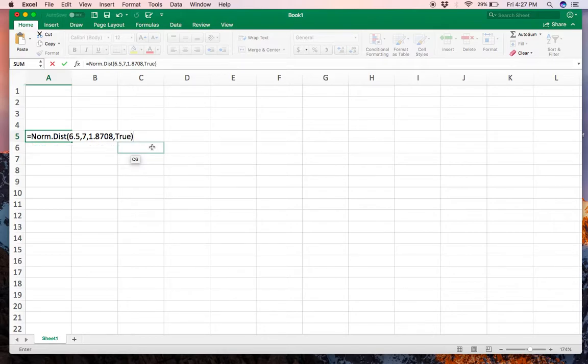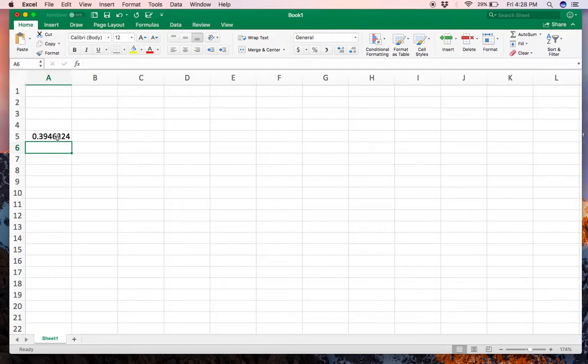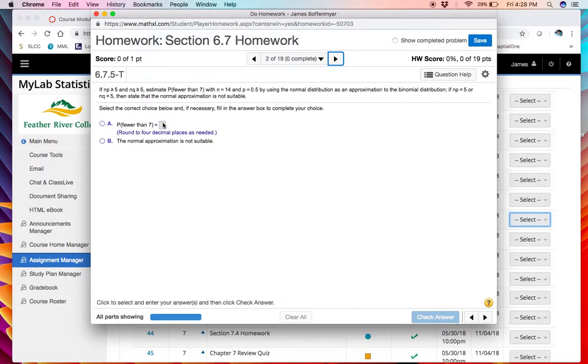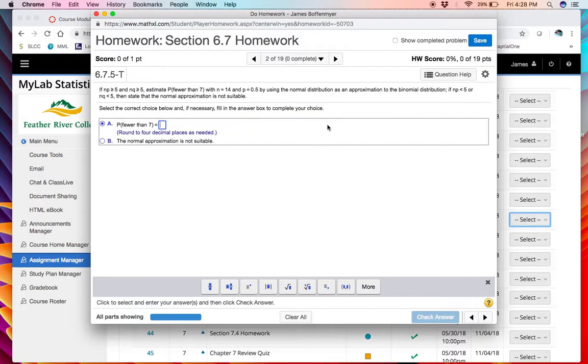Then we close the parentheses and hit enter. So the probability of something occurring that is less than 7 in this case is 0.3946, or 39.46%.